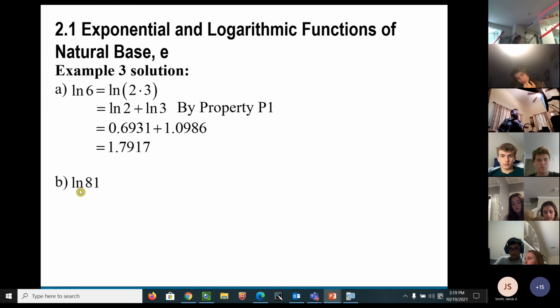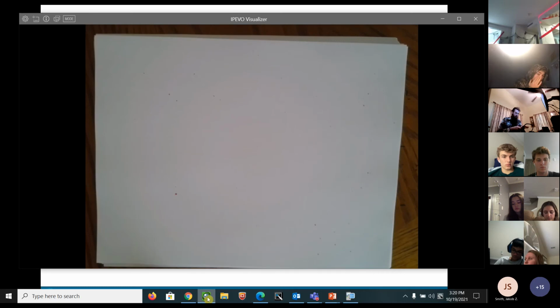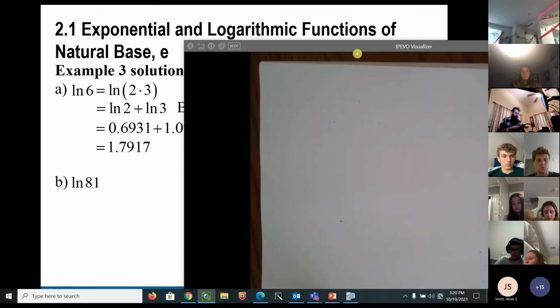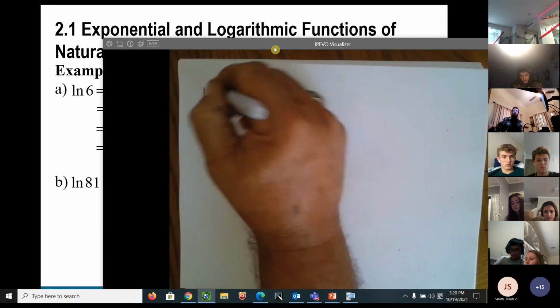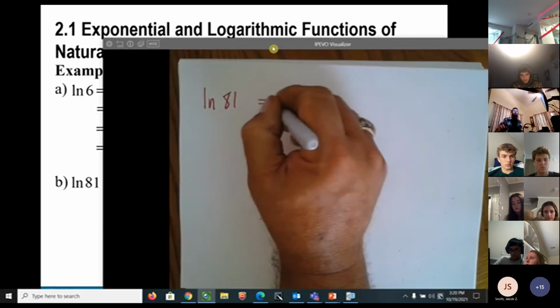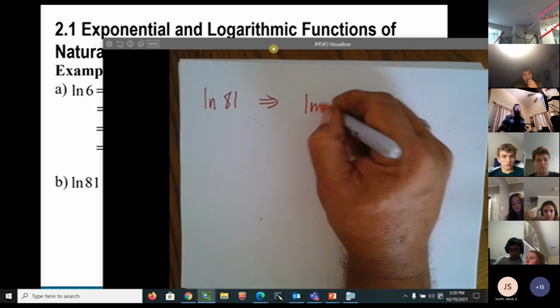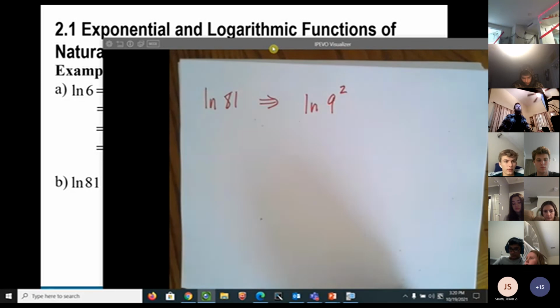What is natural log of 81? Well, that's the natural log of 9 raised to the second power. And anytime you see 81, you think of a perfect square. So I'm going to rewrite natural log of 81 as natural log of 9 raised to the second power.